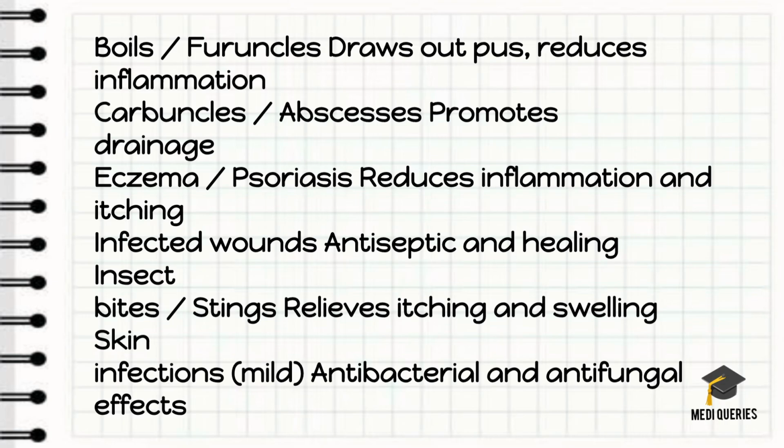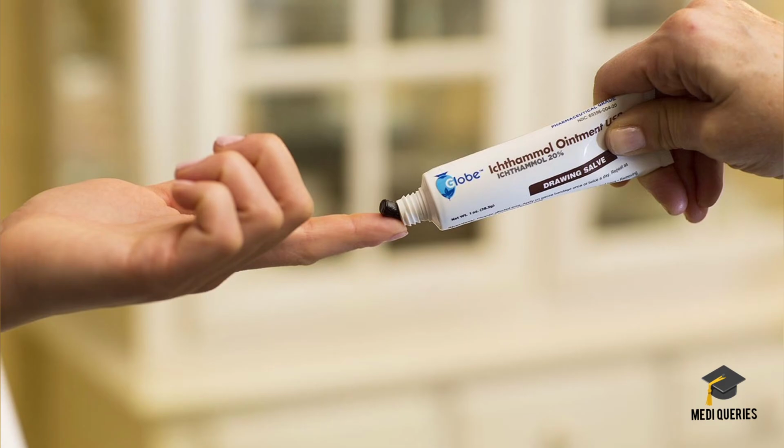So let us see the method of application. Ecthamol jelly is usually applied topically in a thin layer over the affected area. In more severe or infected lesions, a thick layer is applied and covered with a gauze dressing, and changed once or twice daily.